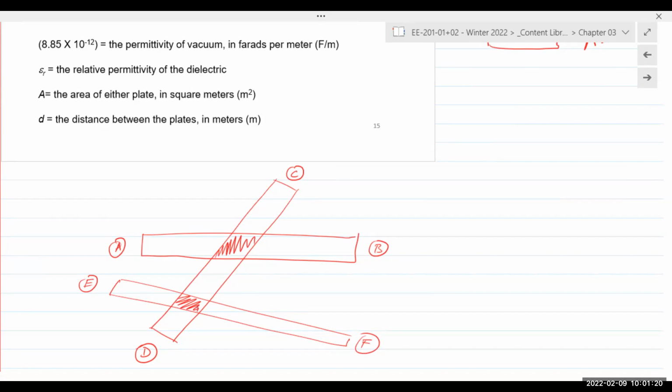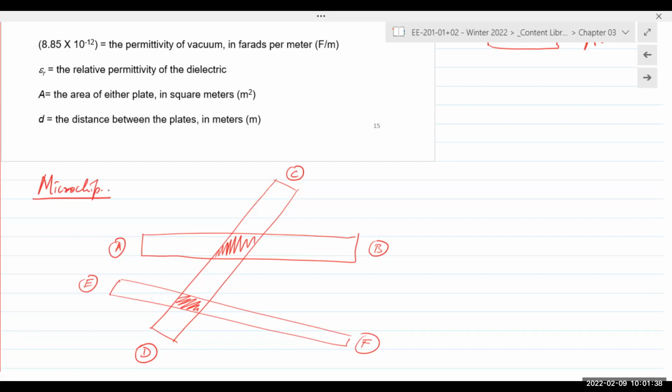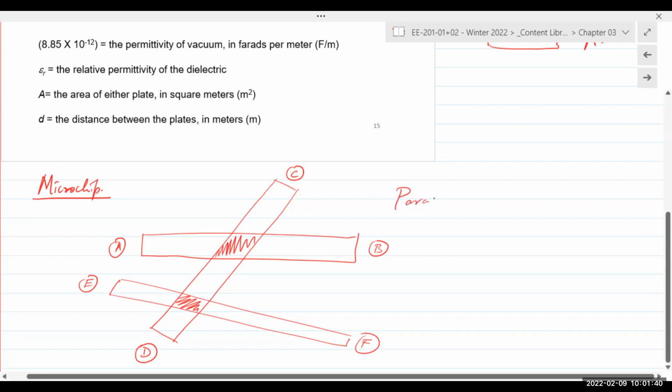But when you have billions of these transistors or connections in one small die, that's a big issue in microchip operation. Anyway, so I just wanted to give that example of real life capacitance. So in this case, they are unwanted capacitances. So they are parasitic capacitances.